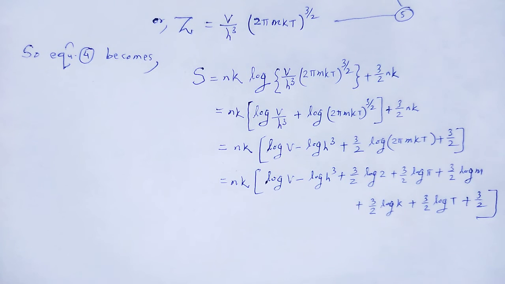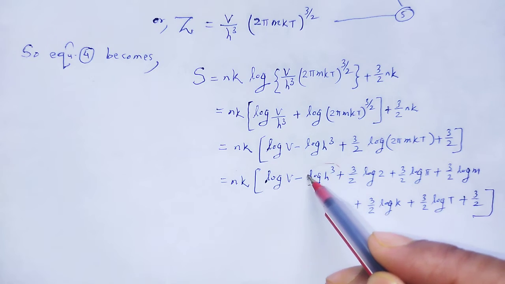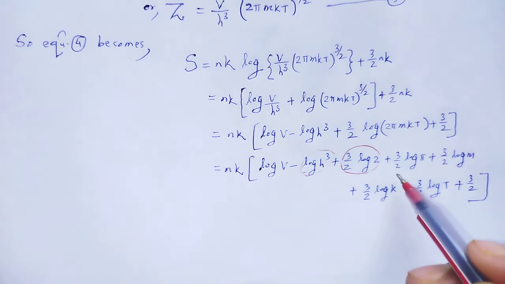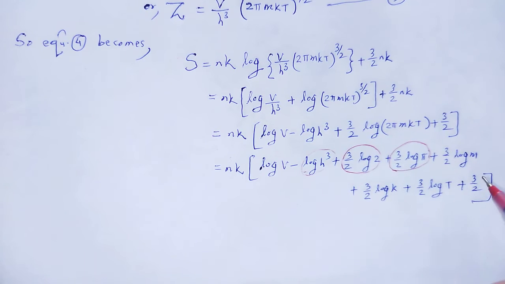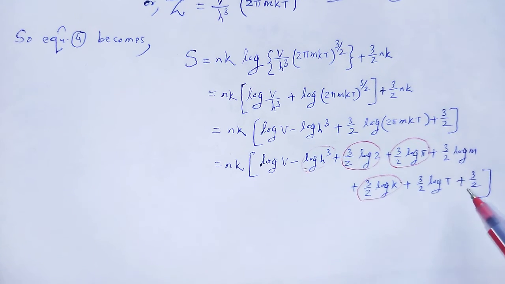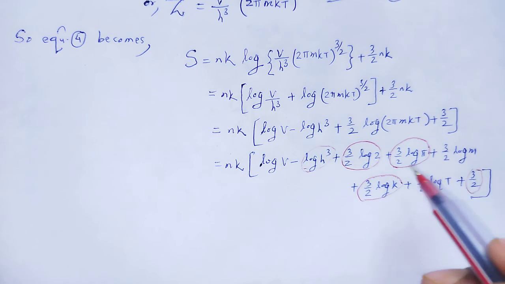Look at that bracket terms. Here log h cube, 3 by 2 log 2, 3 by 2 log pi, 3 by 2 log k, as k is the Boltzmann constant, and 3 by 2. These are the constants.